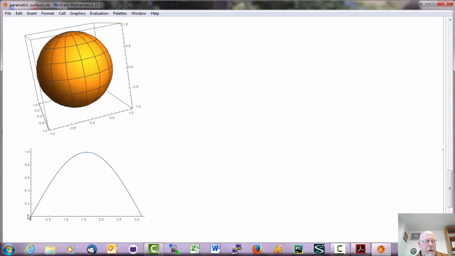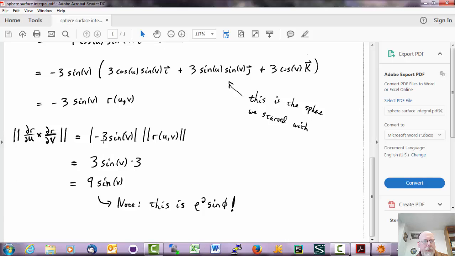In between 0 and pi, sine of v is positive, so the absolute value of sine of v is sine of v in that range. And the absolute value of minus 3 is 3. So what we end up getting is 9 sine v.